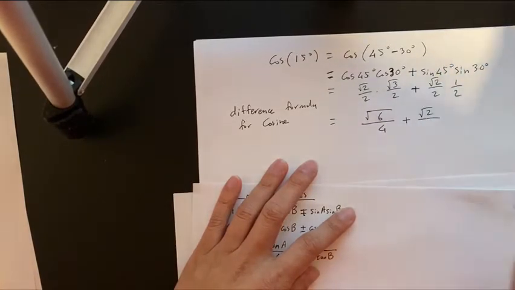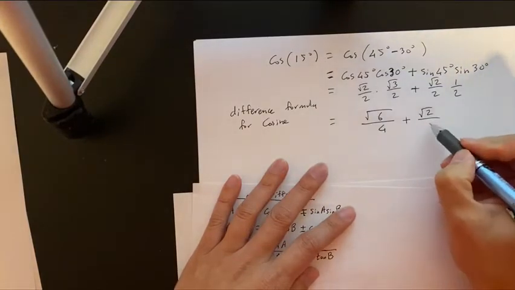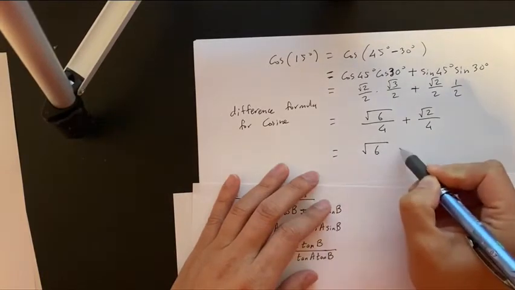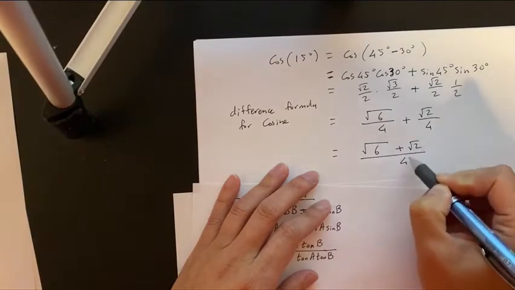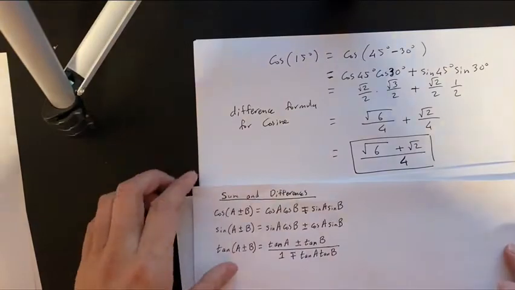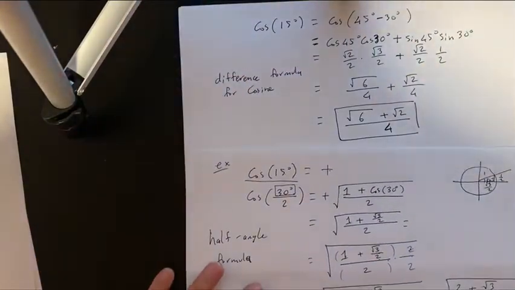So I believe I did this example in the section 7.2 video. So this would be root 6 plus root 2 all divided by 4. Okay, and you can compare the two.